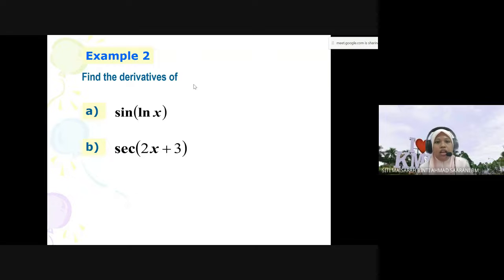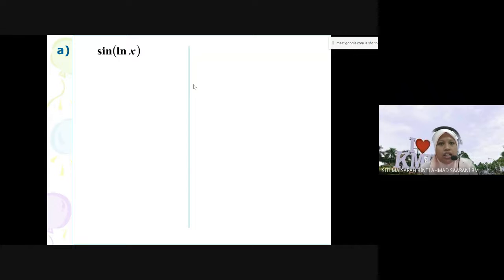So this is an example involving sin u. And then B, secant of 2x plus 3. This is involving secant u. So what it means here, sin ln x has the pattern sin u. Secant of 2x plus 3 is the pattern secant u. Okay. To differentiate sin ln x, first we differentiate sin.